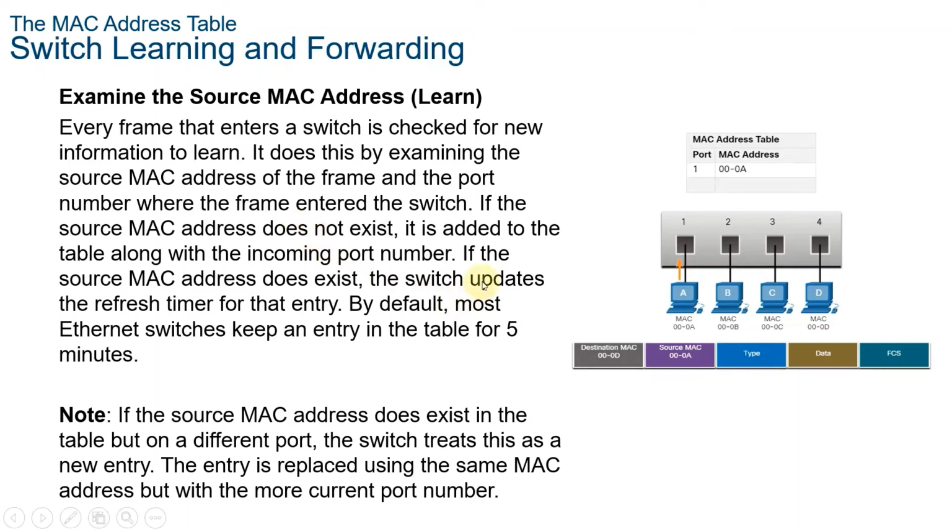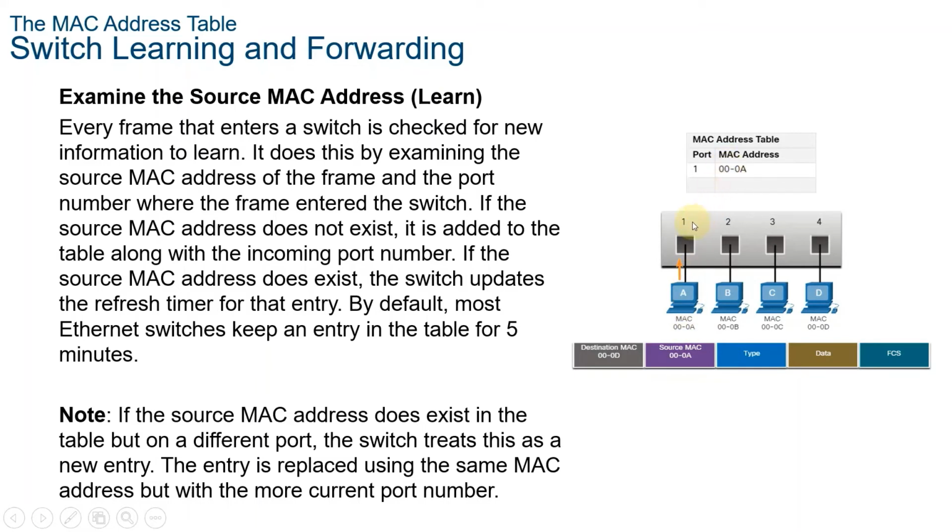In the figure here, for example, PCA is sending an Ethernet frame to PCD. The table shows the switch adds the MAC address for PCA to the MAC address table. So port 1, that is the MAC address of PCA, is added on the MAC address table.